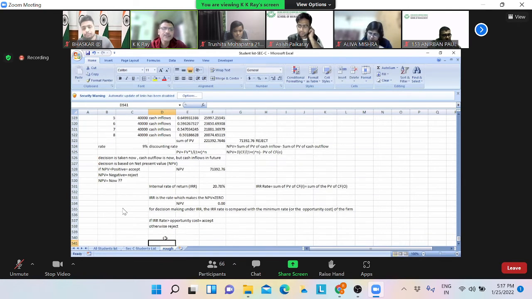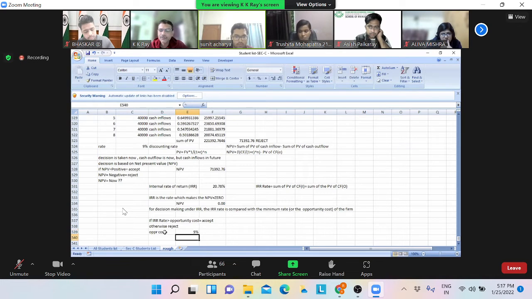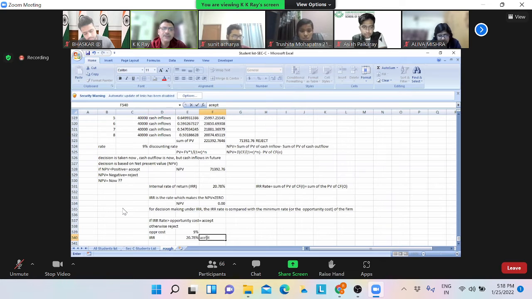So here you see the opportunity cost is how much? 9%. And IRR rate is how much? IRR rate is 20.78, much higher. So accept. This project will be accepted, because the IRR is much higher than the hurdle rate, opportunity cost.